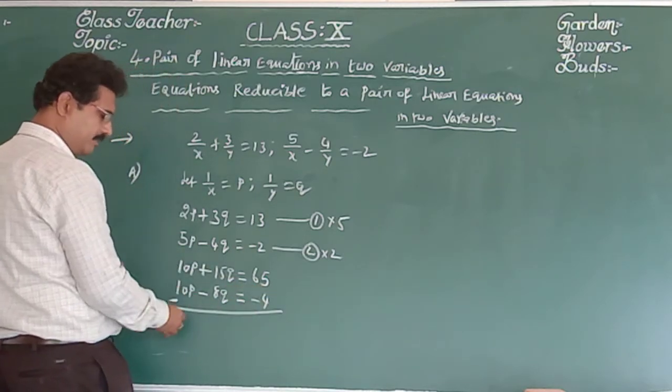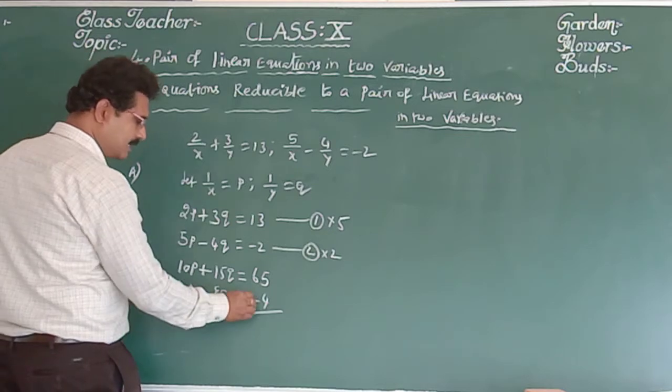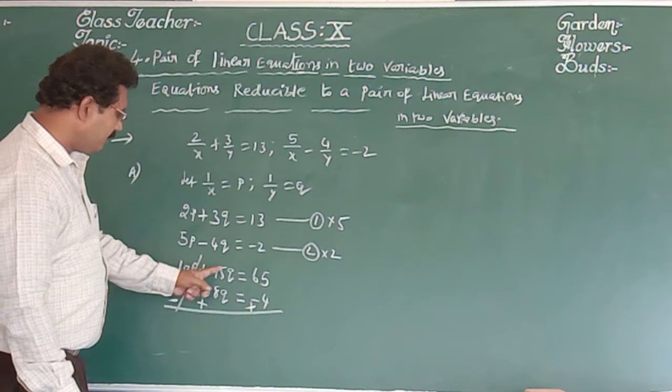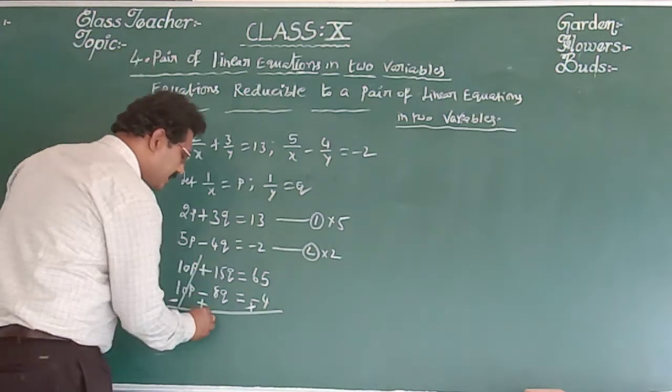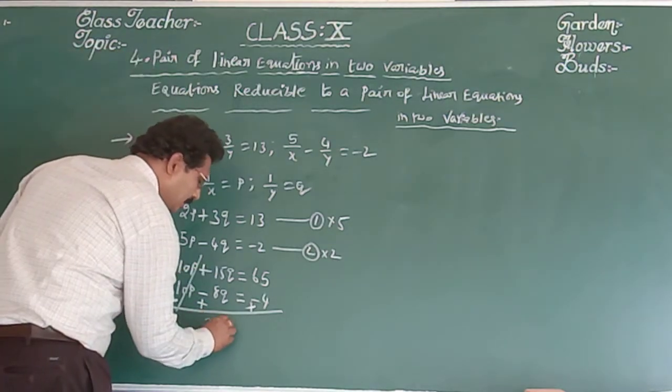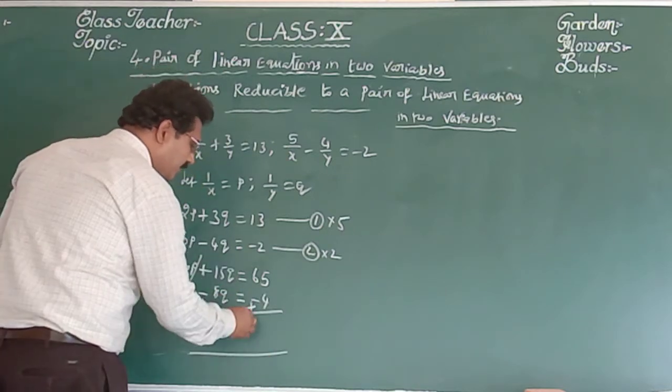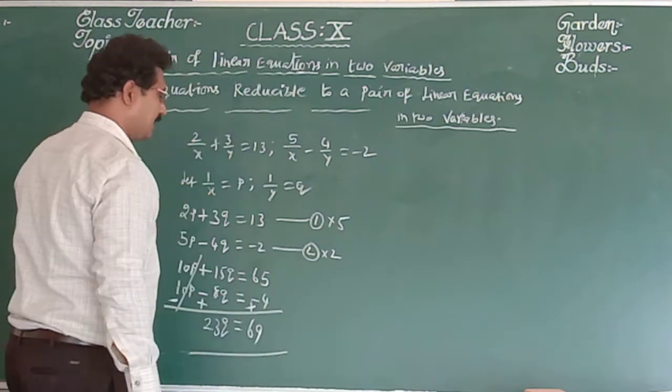Now subtract: minus becomes plus. 10p minus 10p gets cancelled. 15q plus 8q is 23q is equal to 65 plus 4, which is 69.